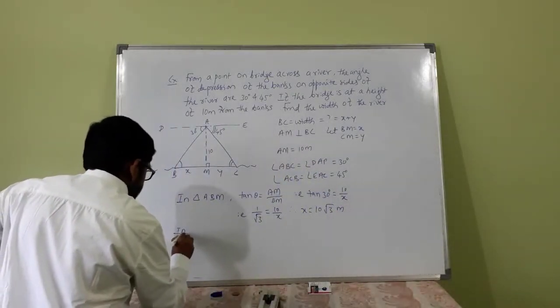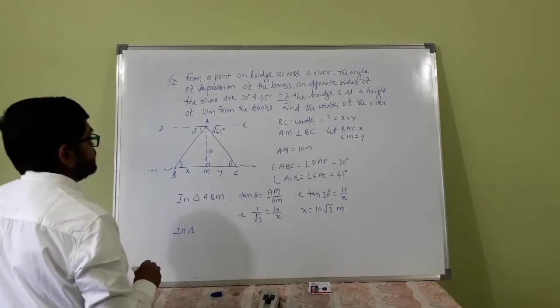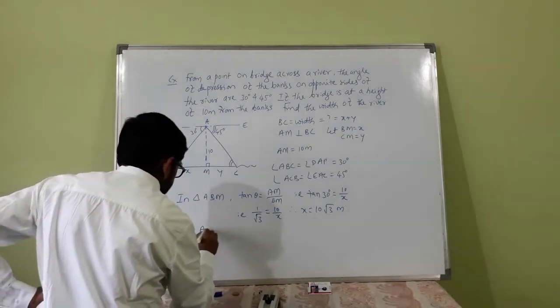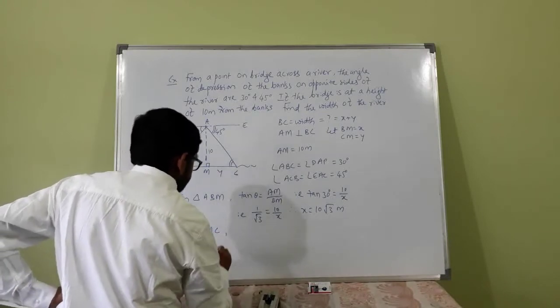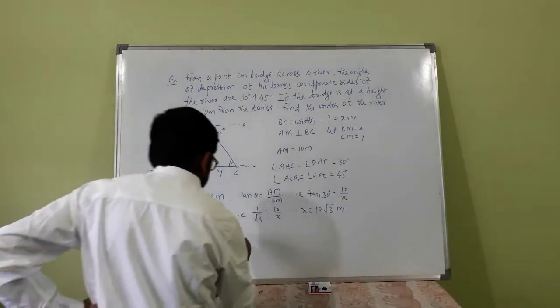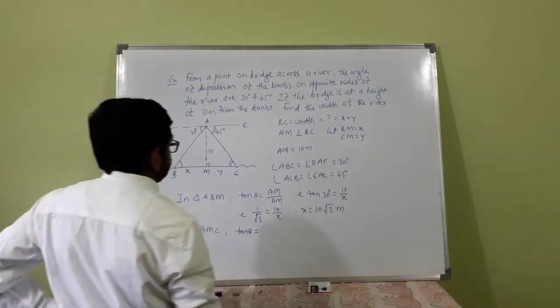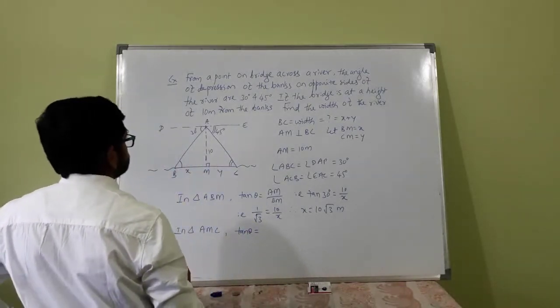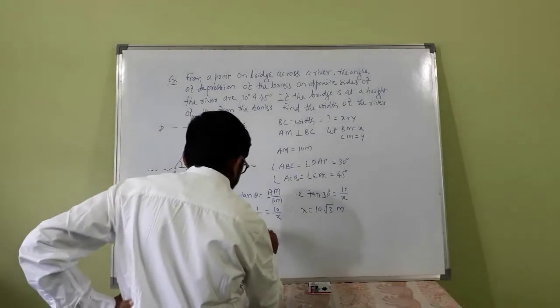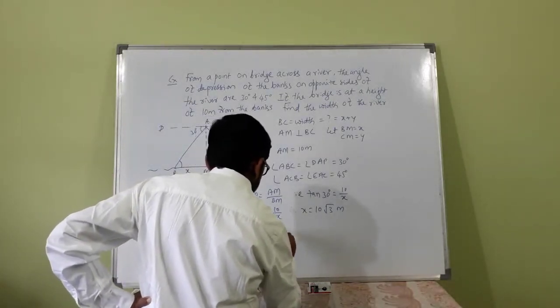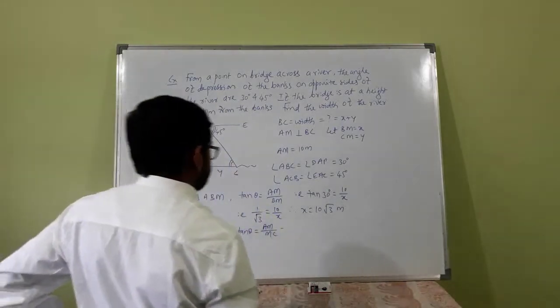In triangle AMC, tan theta is equal to AM by MC. What is AM?